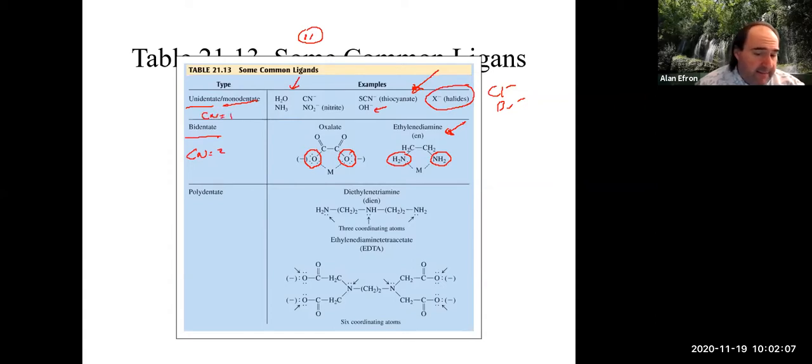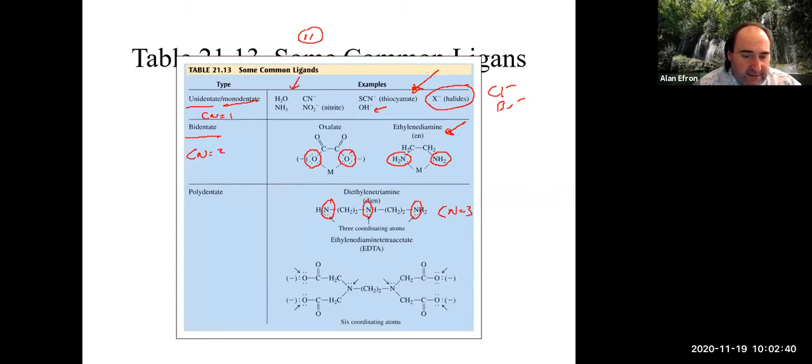And polydentate can be multiple bindings per molecule. As we can see here, we have this guy, which is almost like en, but it's dien, and it has an extra nitrogen in there. So we have 3 places where this guy could bind, so coordination number 3 for every one of those. And then obviously here's our EDTA, our ethylenediaminetetraacetic acid, basically.